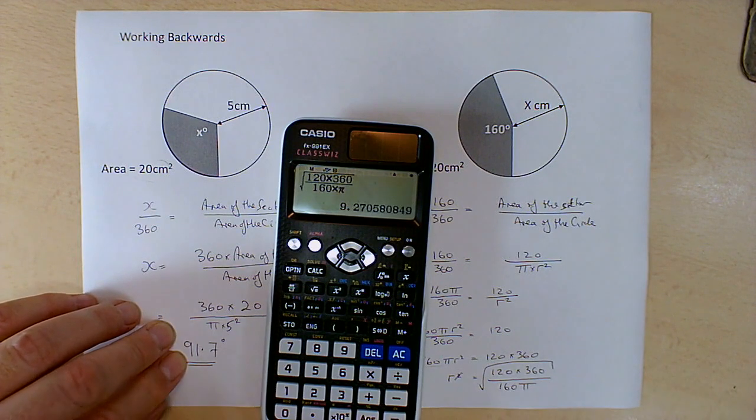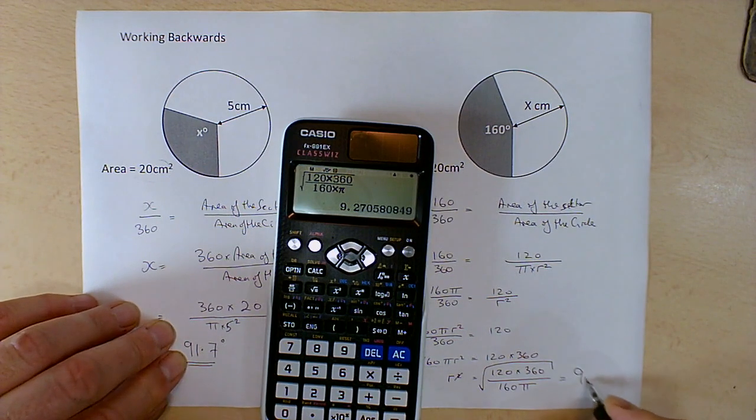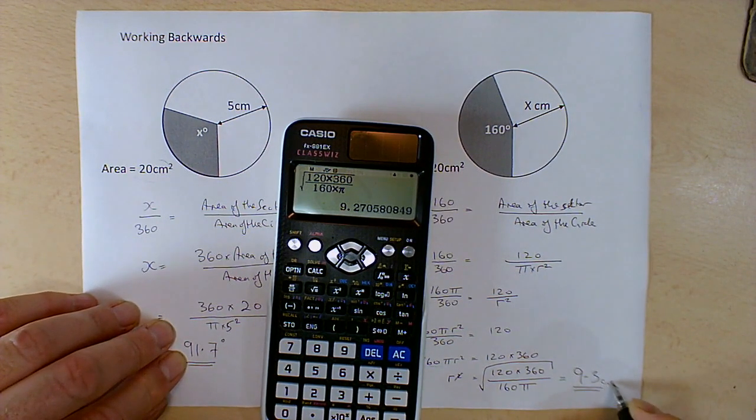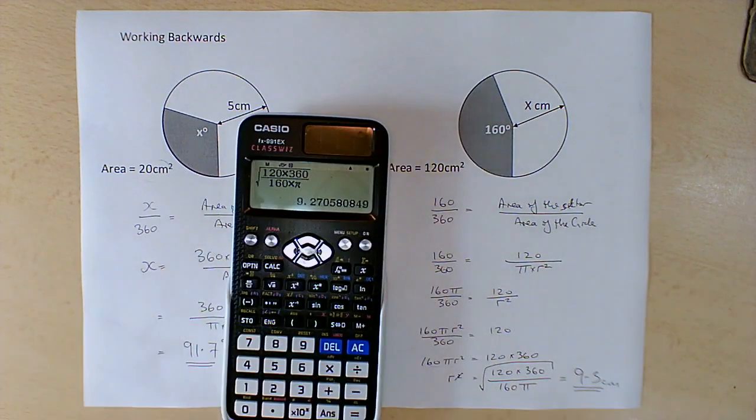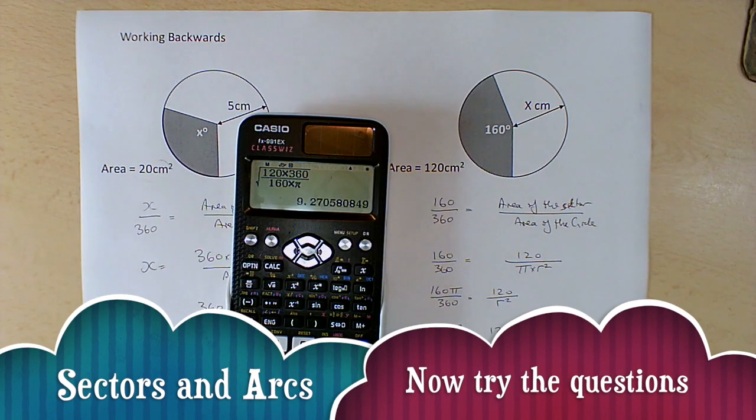And there we go. And the answer we get there is 9.3 centimetres, and that's to 1 decimal place. That's quite a bit of rearranging, but if you work through that in the same way I have, you'll see how we get to the answer in quite a straightforward way.